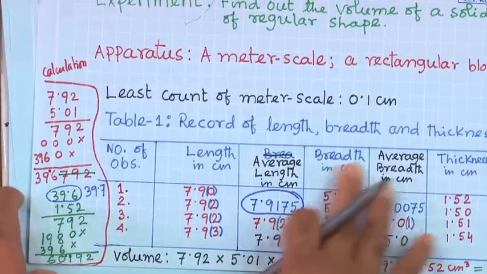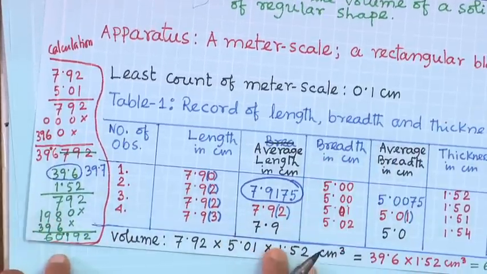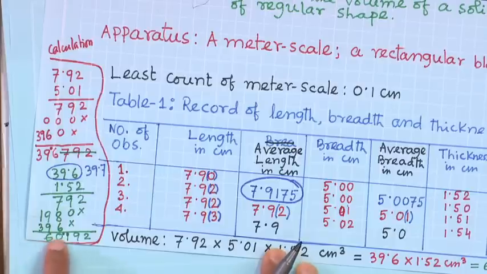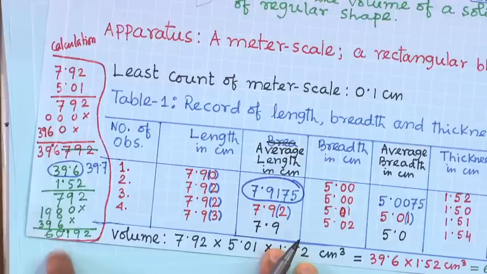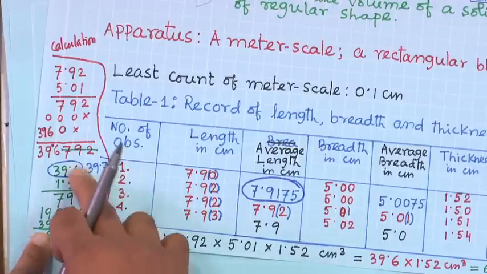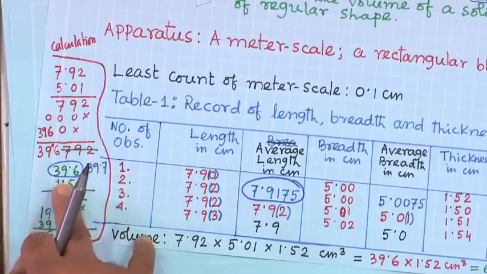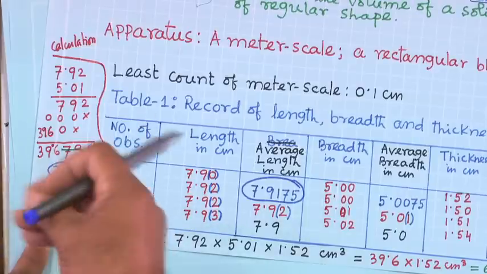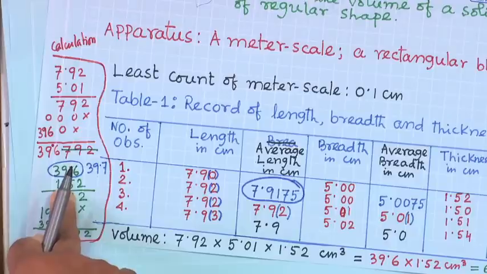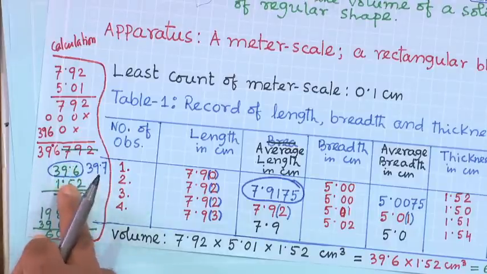If you multiply, then it is coming 60.192. Here again you have multiplied these two numbers. So, the smaller figures, meaning how many digits are there, basically 3 digits again, 1, 2, 3.